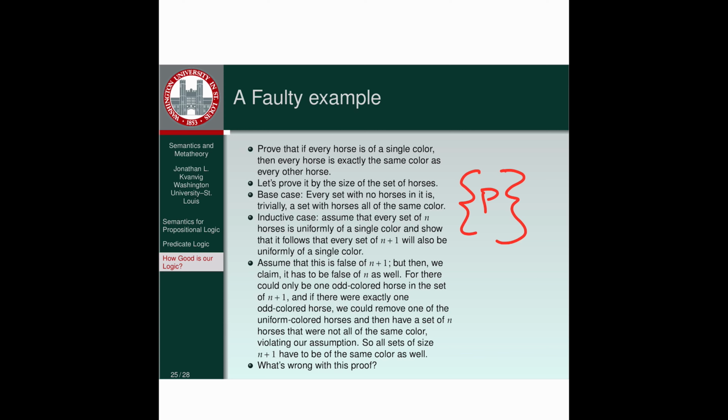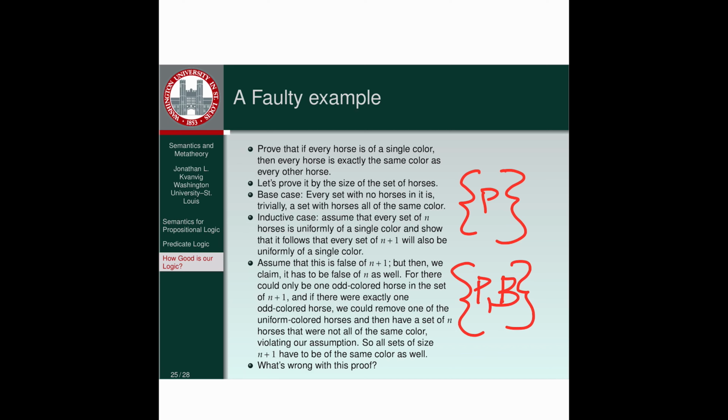But then the argument I gave you was, let's assume that n plus 1, it's not true. So we're going to put a bay horse together with the palomino, and now we have a set of 2, and that set is a set that doesn't have horses of the same color in it.